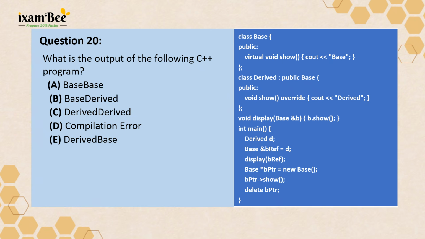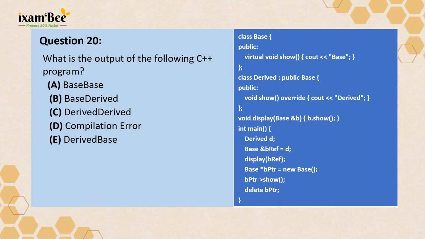Now here, because show is declared virtual in base, any call to it through a reference or pointer gets resolved dynamically at runtime based on the object's actual type. That's runtime polymorphism. Bref is a base reference, but it's bound to an actual derived object D. So when display calls b.show, the virtual dispatch mechanism looks at the real object underneath and calls the derived version, printing derived.